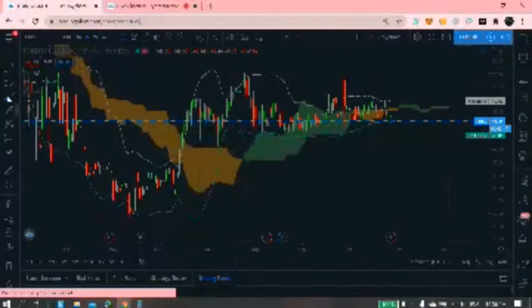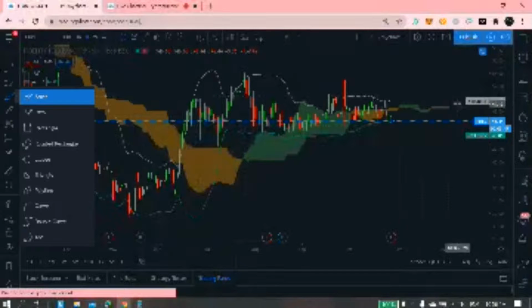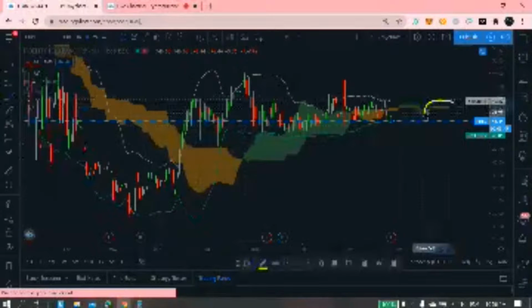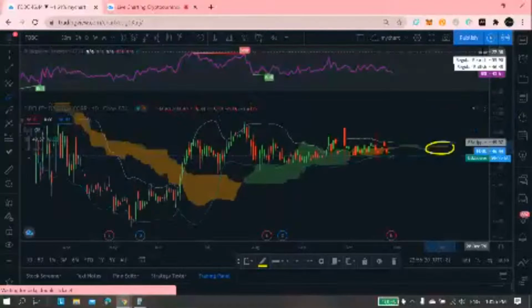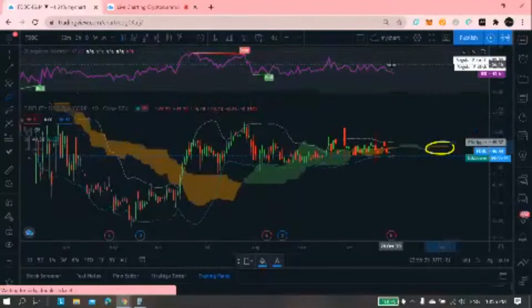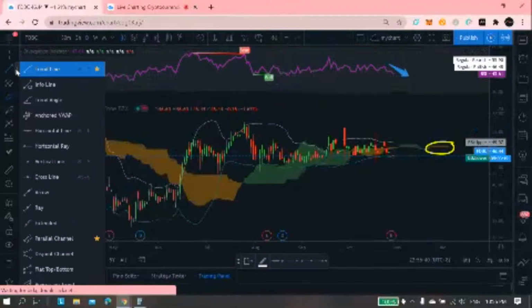Oh, this is it. This one. And if you add the divergence indicator, it's actually going down. Could possibly retest this area. Wait, let's add some horizontal line here.